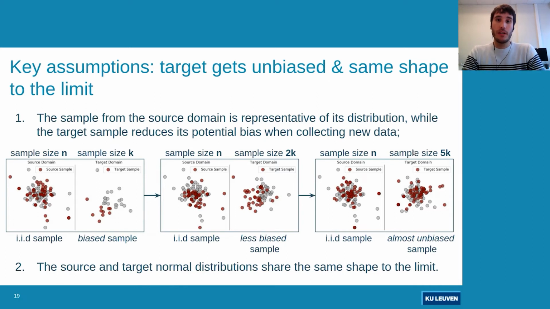Moreover, we assume that the target domain could be biased, but when increasing the target sample size, this bias will fade out gradually. The second assumption is that, to the limit, the shape of the normal anomaly score distributions of the 2 domains is the same. This is just a theoretical assumption that allows us to get our final result. In practice, the 2 shapes do not have to be exactly the same.